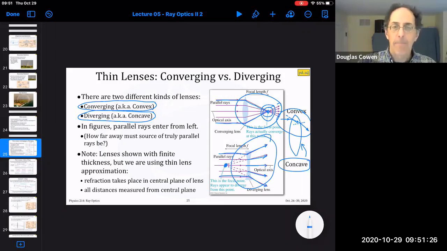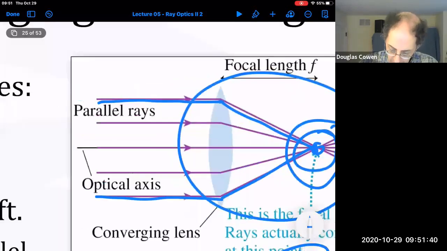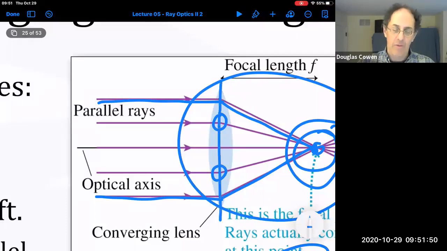Okay, so the lenses that are shown here are shown with a finite thickness, but we're going to be assuming that the refraction actually takes place right in the central plane. And if you look carefully, like right here, that's indeed what is being approximated here. So here's the central plane, and right along there is where the bending is assumed to take place.